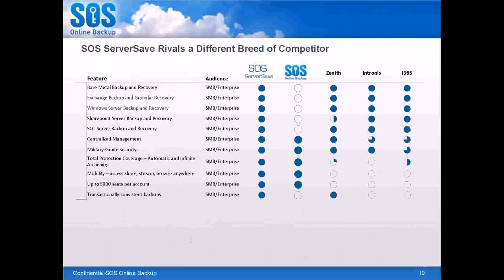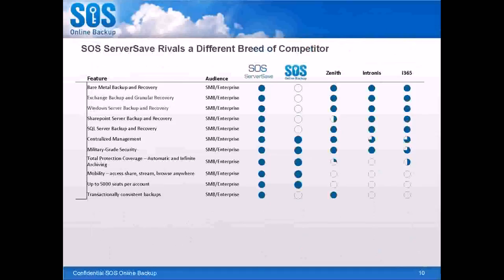This competitive grid shows SOS Server Save and SOS Online Backup for Business versus Zenith, Intronis, and the i365, which is now back to being eVault. SOS Server Save really shows up, again, in the flexibility of the system. We have great mobile access. We do not limit the number of seats you can have per account.